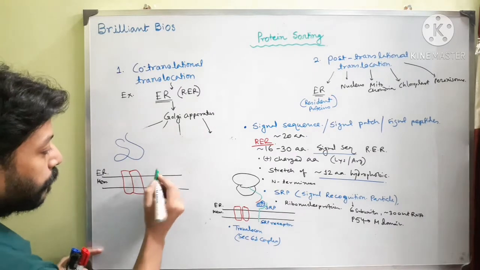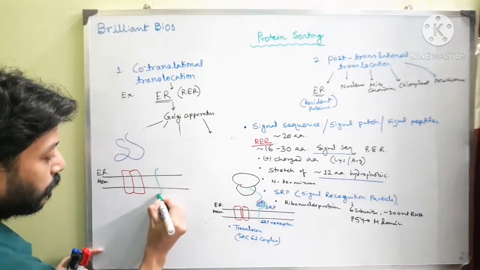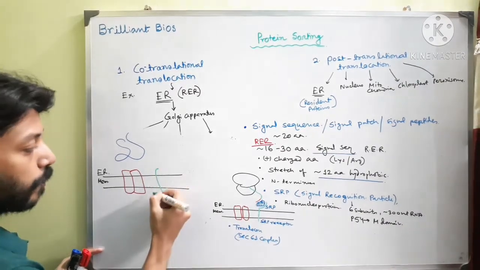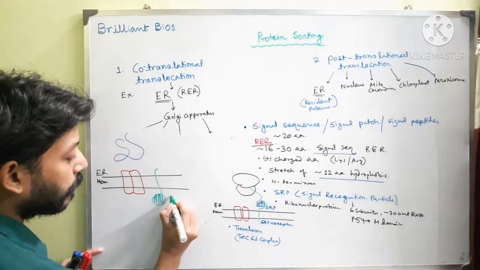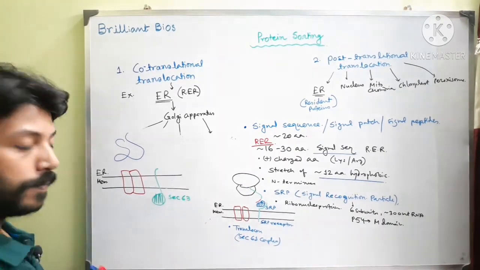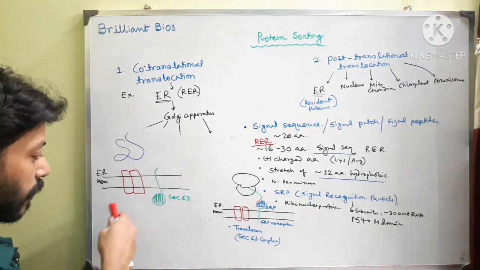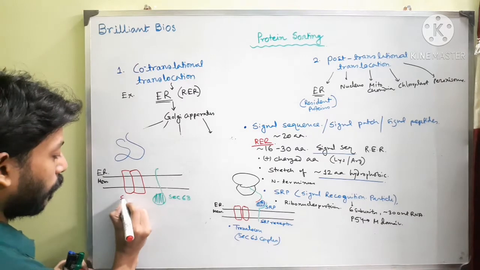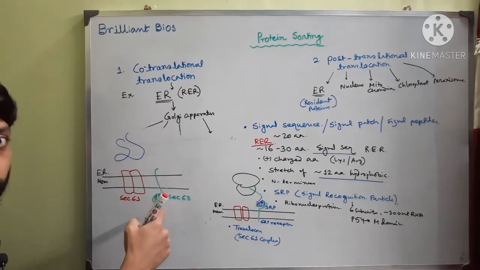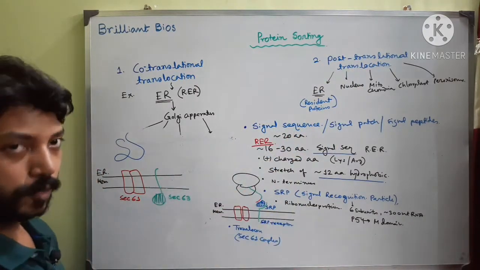This is another complex. Let's assume this is a protein, this is also a protein. We call it SEC63, and we know this is called SEC61 complex. So this is the translocon. This is another protein only required for post-translational translocation.